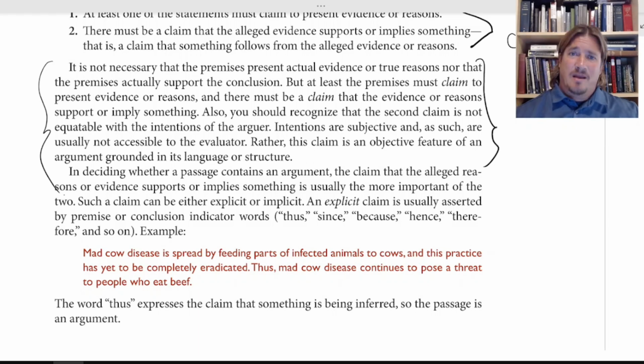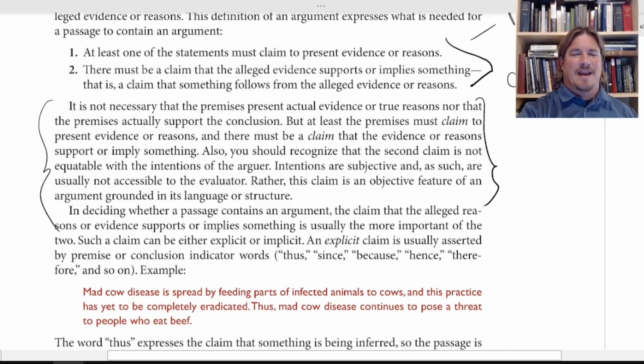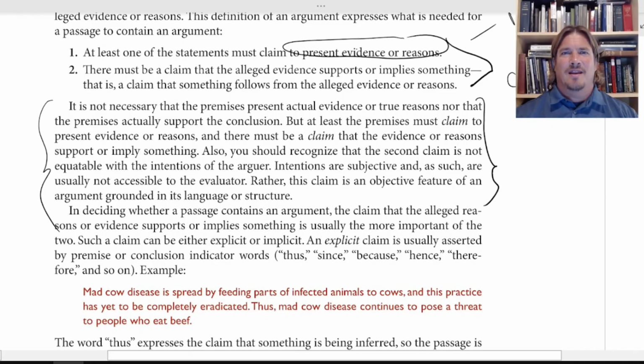Now, that's a set of statements with at least one statement claiming to present evidence, and another statement that's supposed to be supported by that evidence.